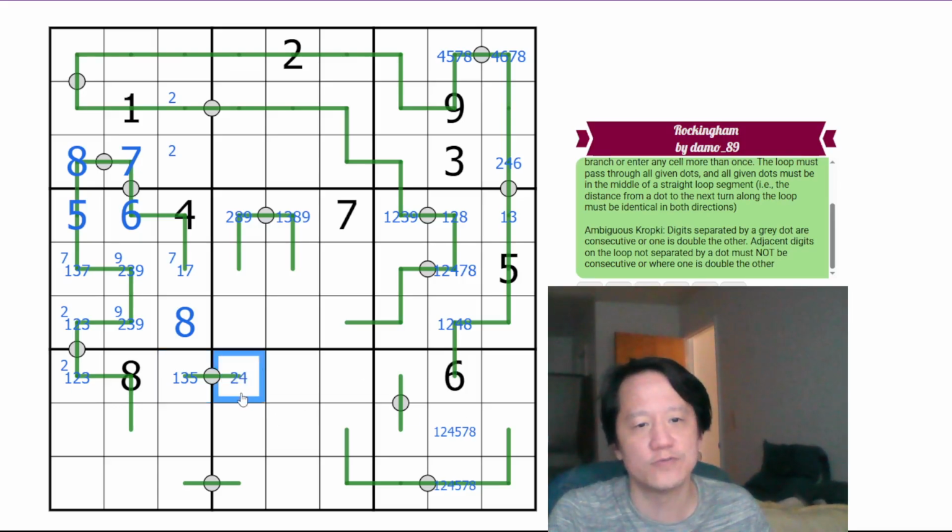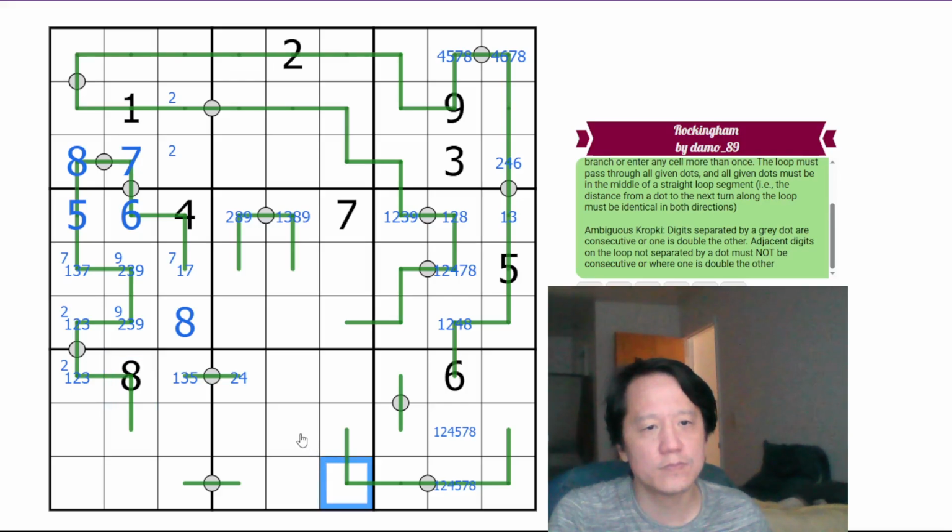So this is 2 or 4 here. 4 can't be here, so 4 is one of these 3 digits.